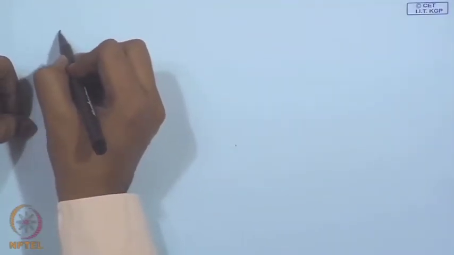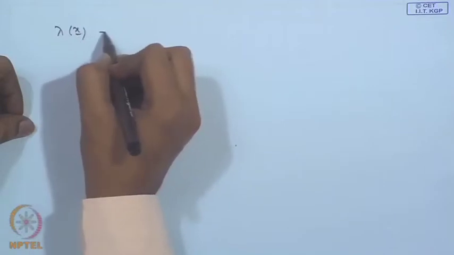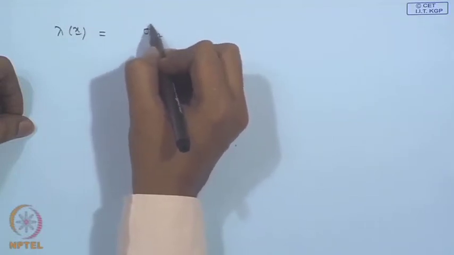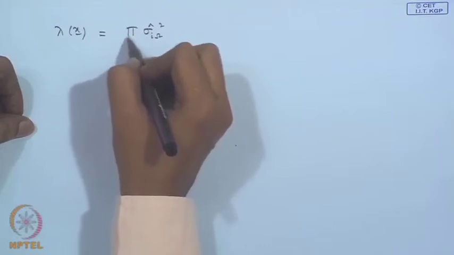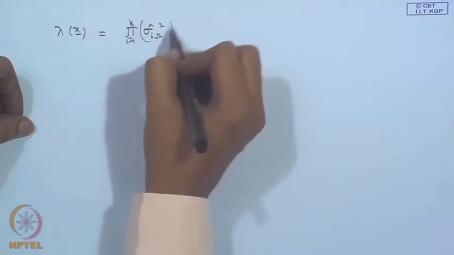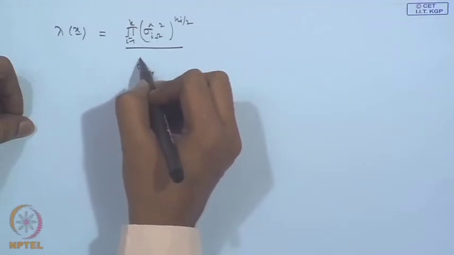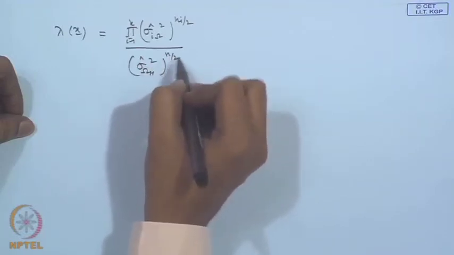So, lambda x, that is equal to product i equals 1 to k of sigma_i omega hat square to the power n_i by 2 divided by sigma omega h hat square to the power n by 2.